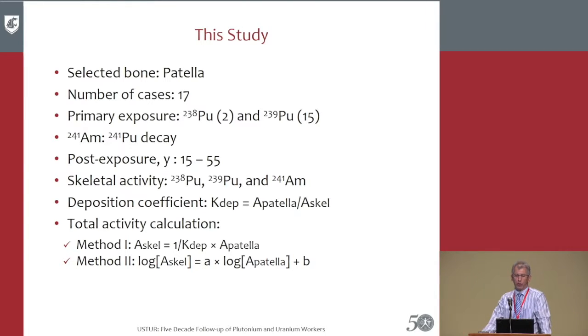The post-exposure time varied from 15 to 55 years. We calculated what I call the deposition coefficient, which is the ratio of activity in the patella divided by activity in the skeleton. We used two approaches to estimate total skeletal activity. One is direct scaling from patella measurements. The other is a mathematical log-transform regression analysis.